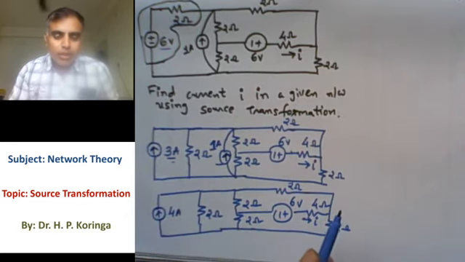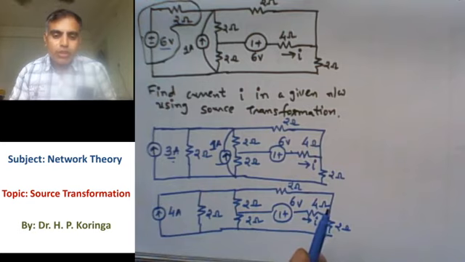Now again we have to look at this network: is there any rule that, if applied, will make more reduction? These 2 ohm, 2 ohm and 2 ohm are connected in delta.